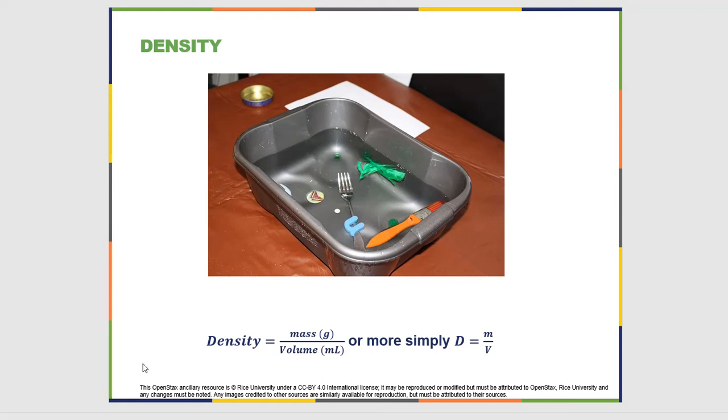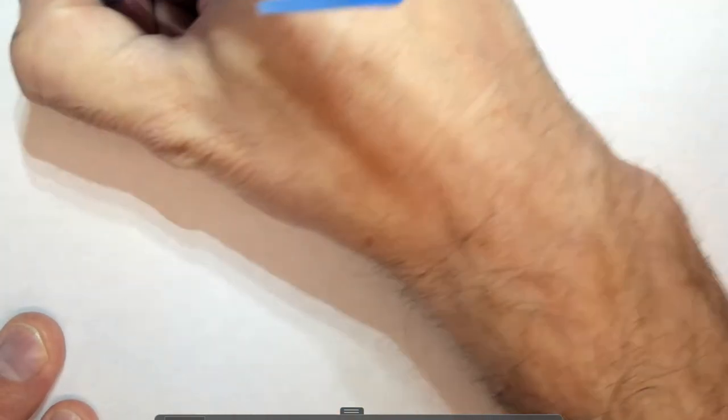As one quick example of density, I wanted to look at gold.